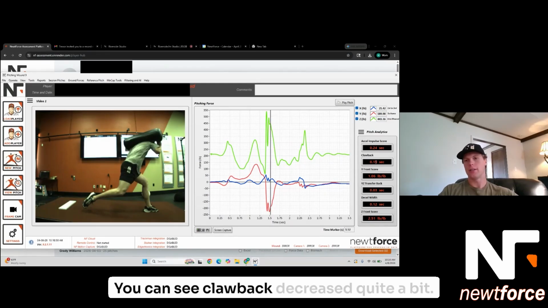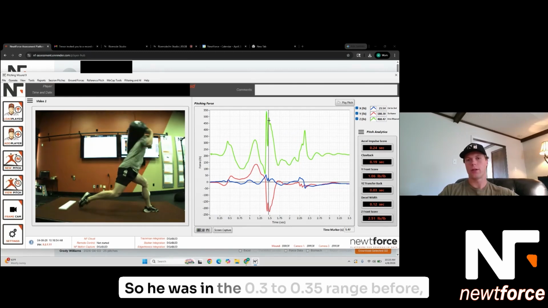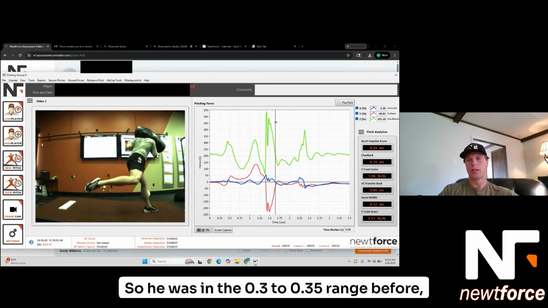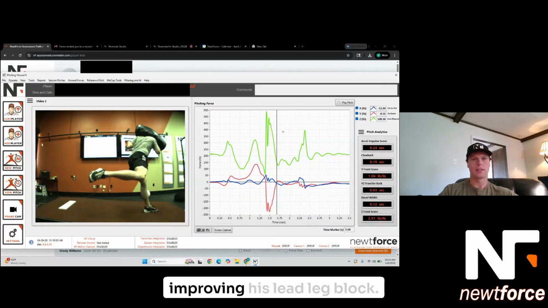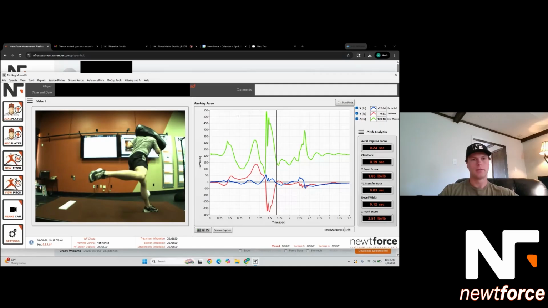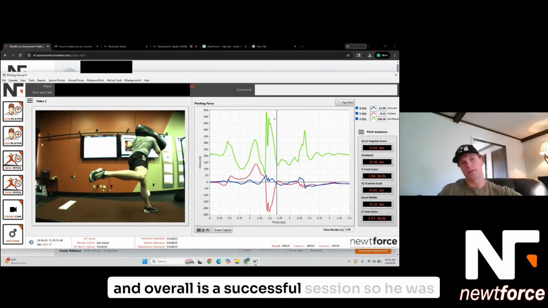You can see claw back decreased quite a bit. He was in the 0.3 to 0.35 range before, and now we're able to decrease that to 0.19. So that was pretty successful overall with improving his lead leg block. And overall, it was a successful session.